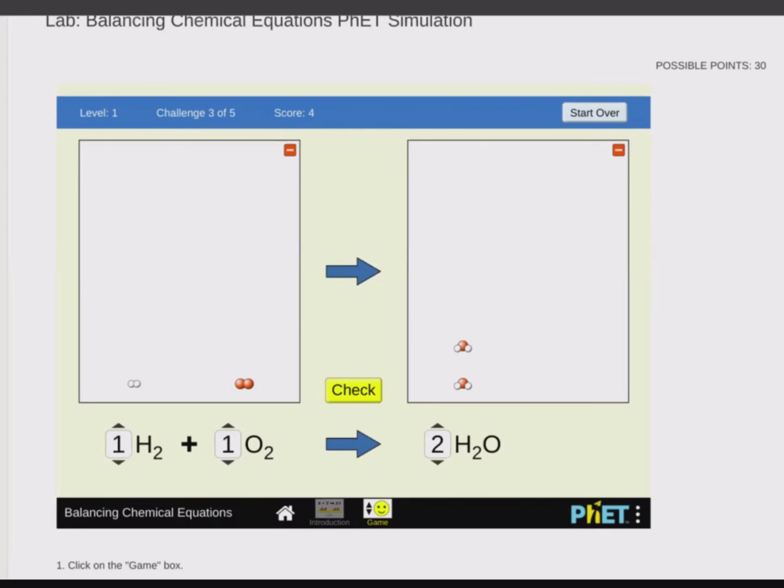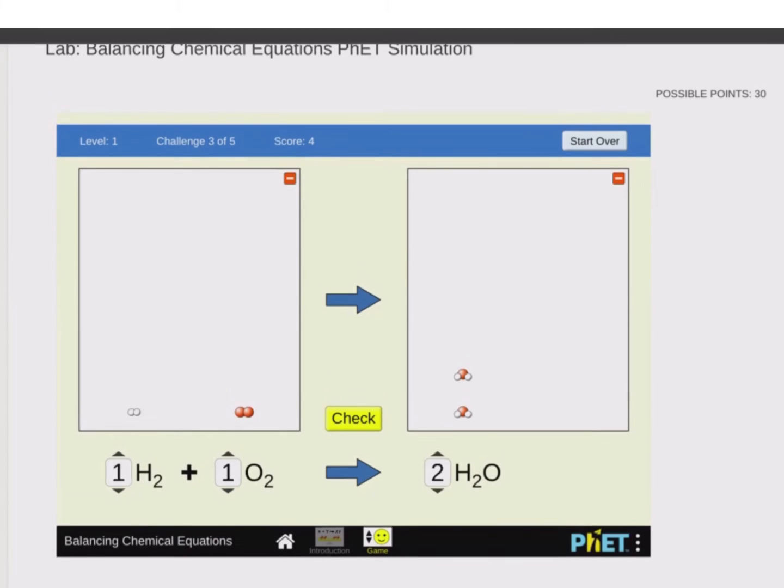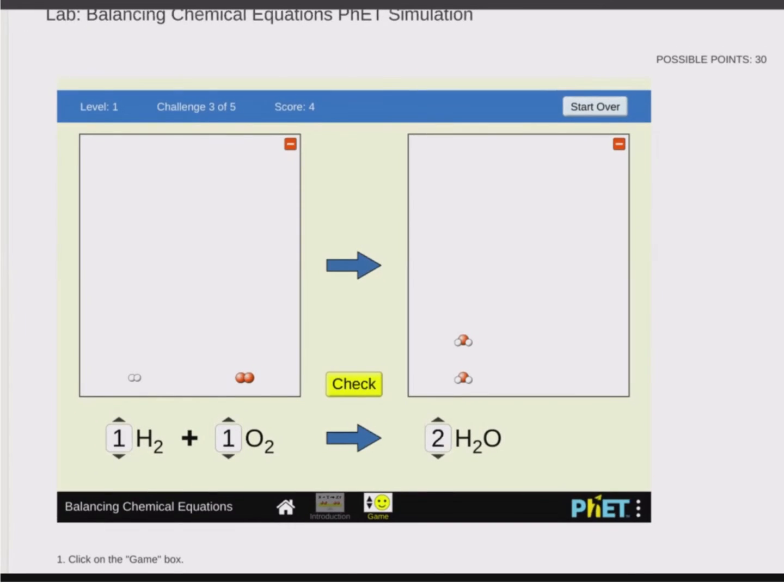Let's do the tally first. What are my elements? Hydrogen and what else? And oxygen. Very good. Okay. So now what do I do? Remember that these are not it. I have how many hydrogen on the reactant side?